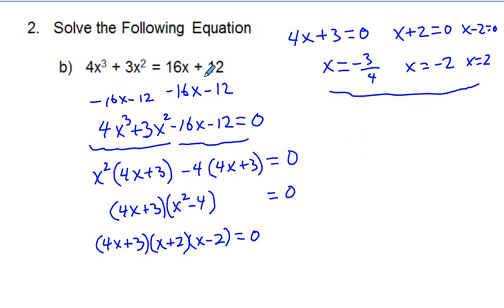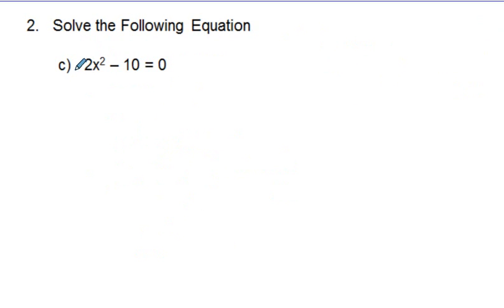Now another way we could work out this type of problem is using the rational roots theorem and trying possible rational zeros out. And then when we get a remainder of 0, we know we have a root. So let's go to this problem C first. Okay, we have 2x squared minus 10 equals 0.